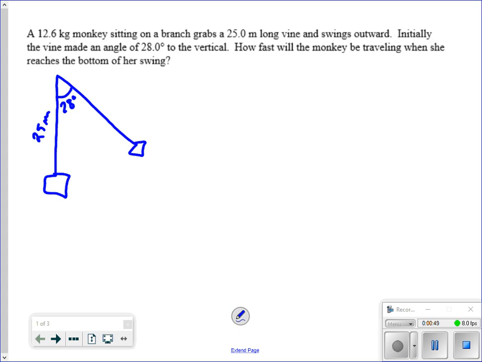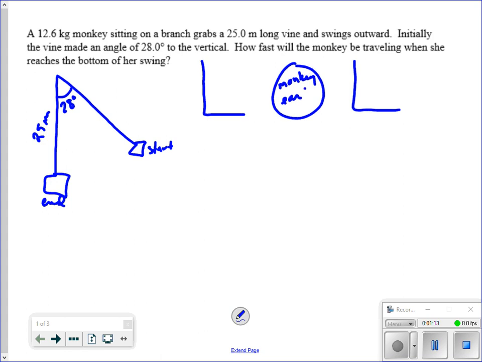All right, so let's say 28 degrees right there. How fast will the monkey be traveling when she travels to the bottom of the swing? Okay, so this is where I start, and this is where I end. The reason that pendulum problems are kind of classic is because when you do the LOL, hopefully it is easy to see what's going on here. So we have the monkey, of course, and we have the earth.